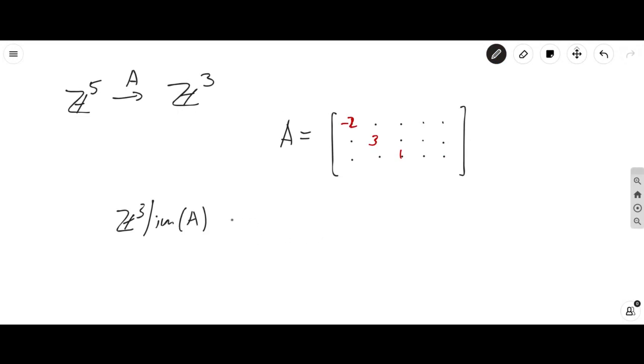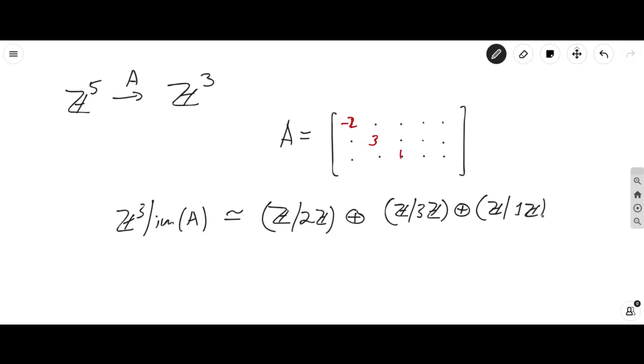Then by the same kind of reasoning, Z3 mod the image of A would be isomorphic to Z mod 2Z, because 2Z and -2Z are the same subgroup. Then you look at that one, and it's plus Z mod 3Z and plus Z mod 1Z.